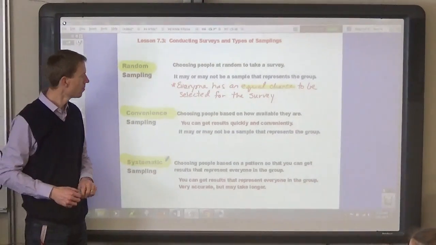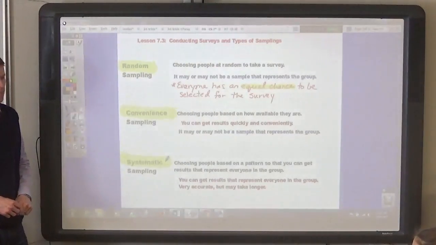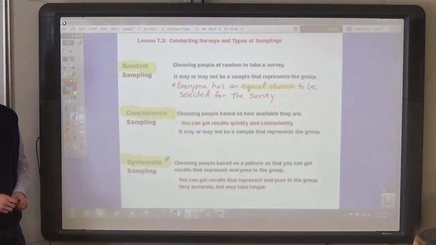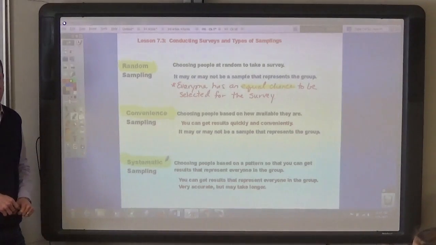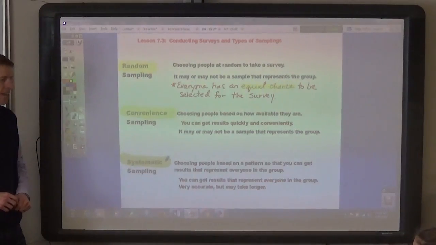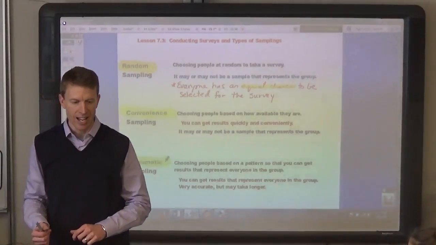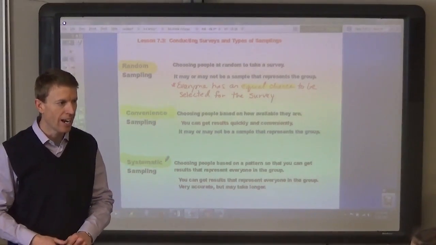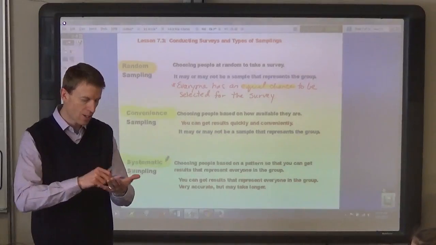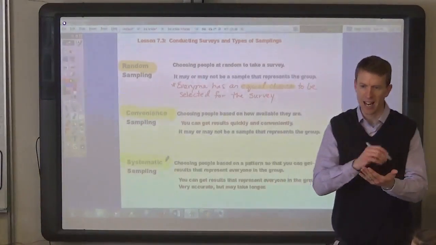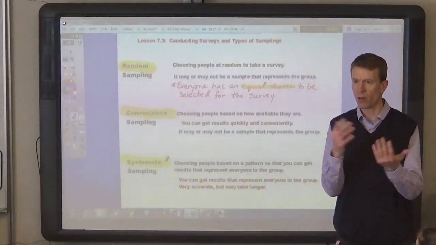Okay. The next one we'll talk about is convenience sampling. This is probably the one you're most familiar with. Convenience sampling. And that is, I was just teaching second grade math last week, and they did a survey, and what did they do? They wrote down their question, and then they walked up to somebody and asked them. Well, how did they know who to walk up to?